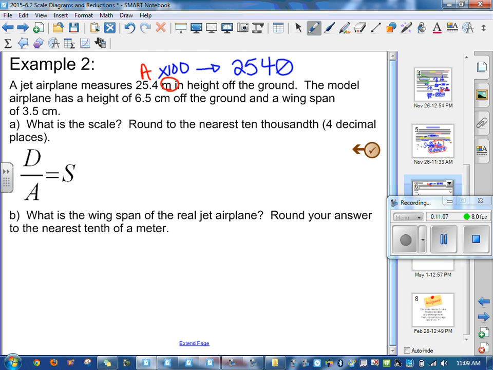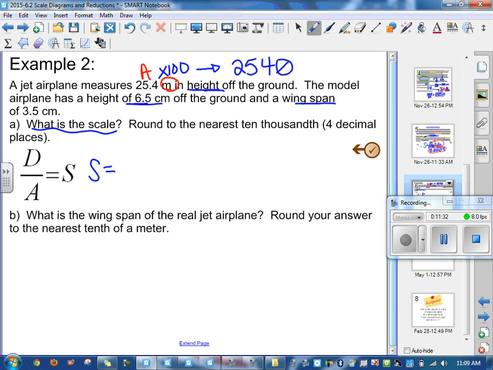Okay. Now we're going to set it all up. The first question is asking us, what is our scale? Well, we can't find our scale until we set up the equation. We're finding S. So for our diagram, I have to match height to height because it gives us two different numbers. It gives us height and a wingspan. If this is telling me height, I need to match the same value.